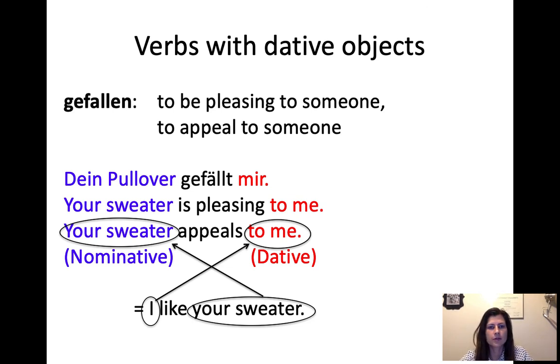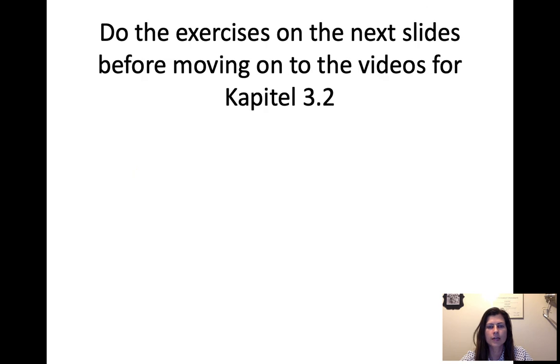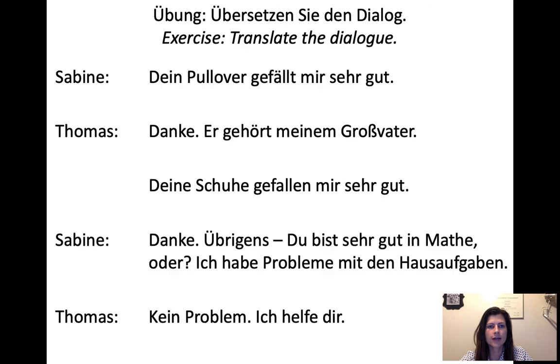Okay, so now we have the exercise on the next slide before we can move on to Kapitel 3.2. So here is a dialogue between Sabine and Thomas, and we have these datives here. We haven't done them. A lot of them are nouns, einem, meinem, and then there's a couple of pronouns. We haven't done those quite so thoroughly yet, but all you need to know is mir and dir, like the ones we just saw.